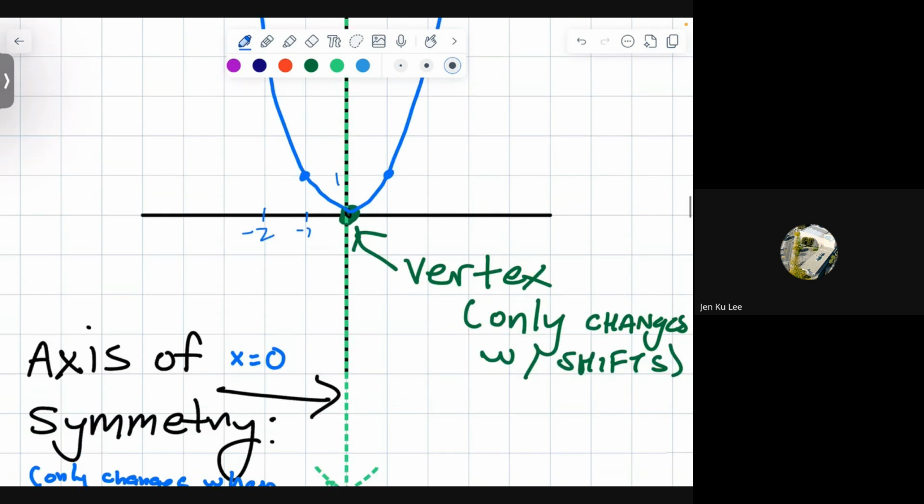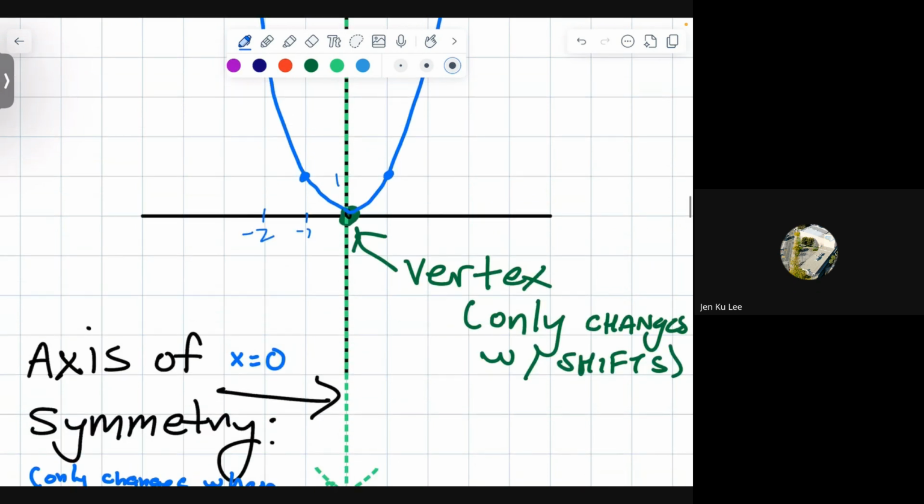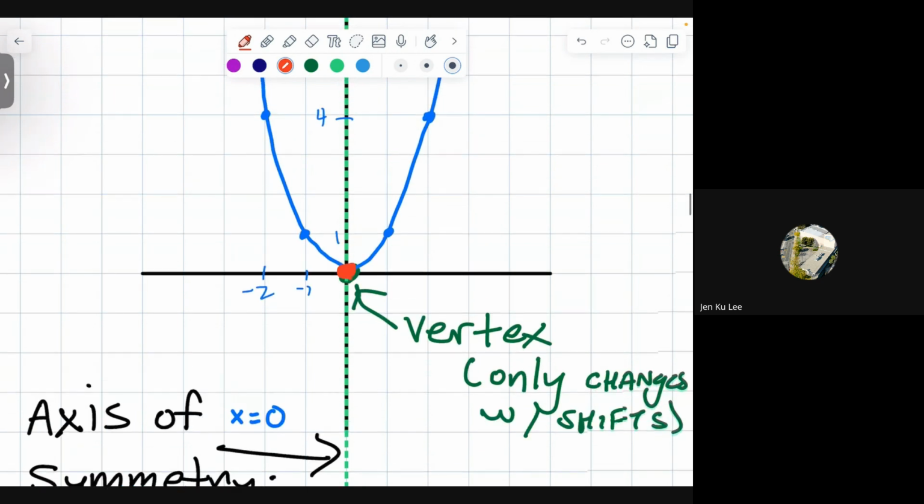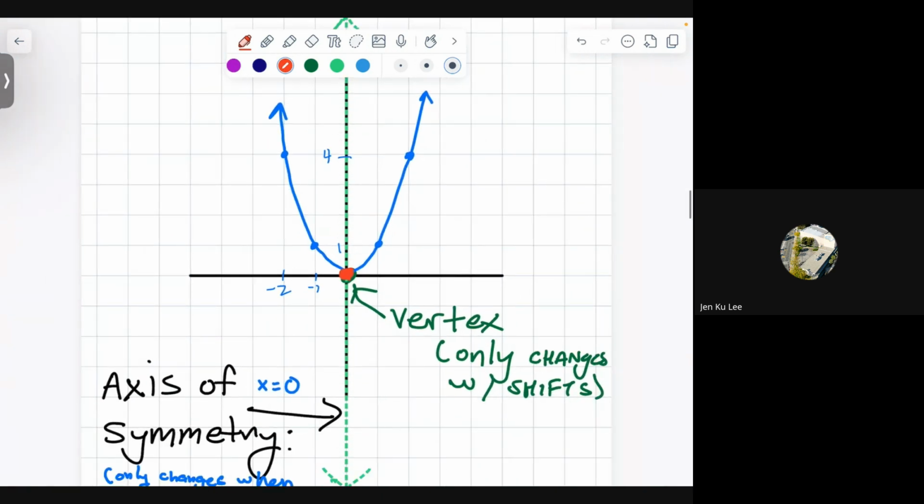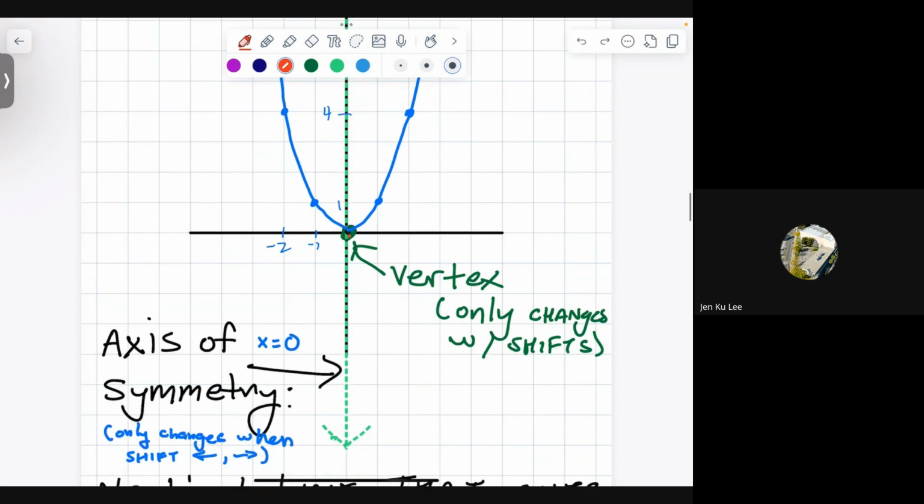One cool thing about the vertex is that it will always be a part of your axis of symmetry. So if the vertex moves to the left to that point, then my axis of symmetry would be here. Just remember that it only changes with shifts.